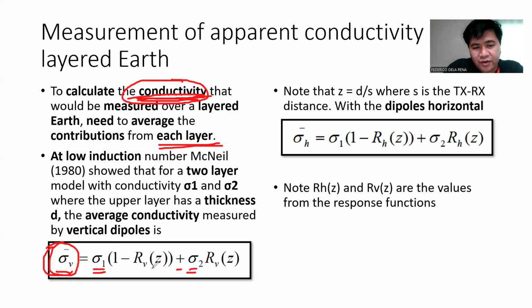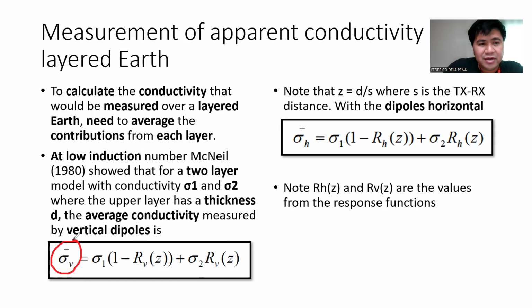So it's a function of your depth and the response function, okay, R V as a function of Z. So the apparent resistivity will depend on the actual resistivity of the layers and the configuration of your equipment. Okay, so you will get different apparent conductivities if you use, for example, a VCP versus an HCP configuration.